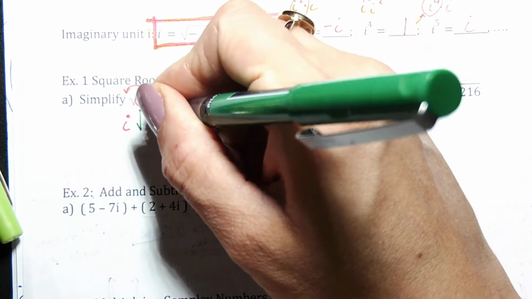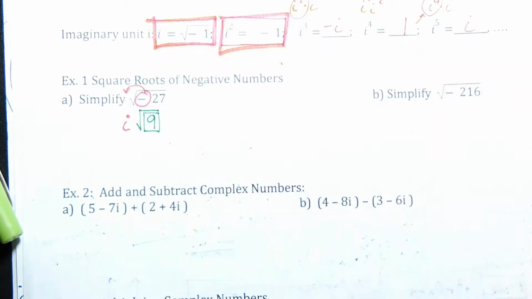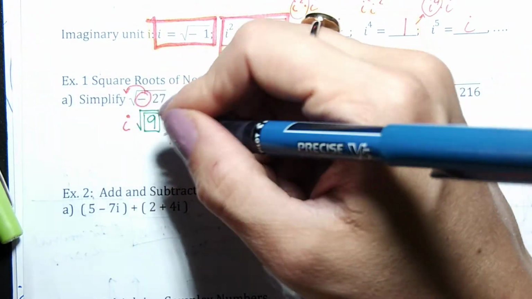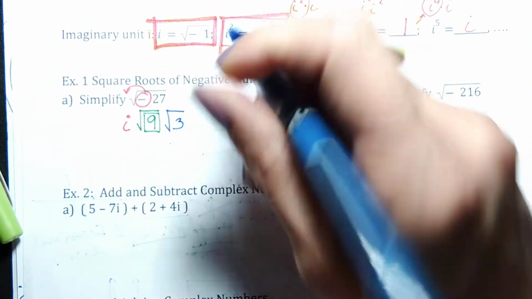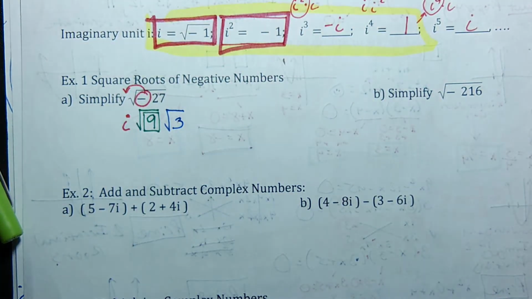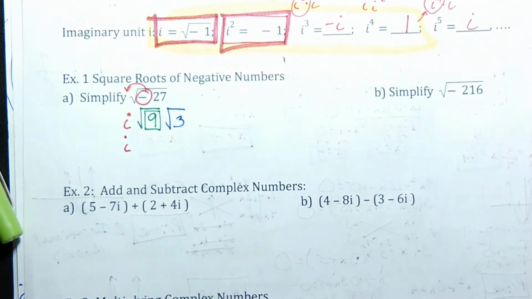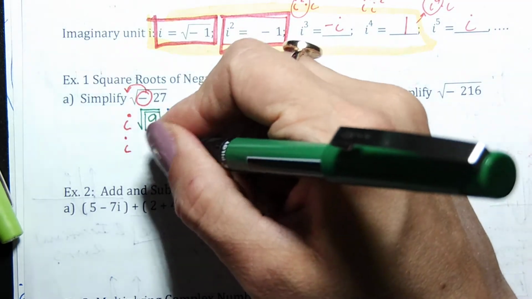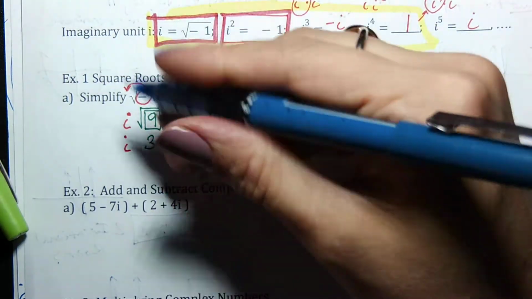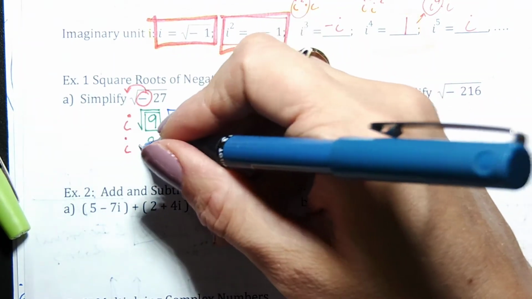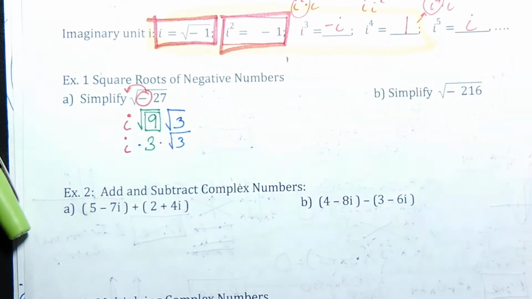9. 9 is the biggest perfect square, and that leaves me with 3 as my other factor. So now we have i. The square root of 9 is 3. And then we have square root of 3. And all of these items are joined by multiplication.